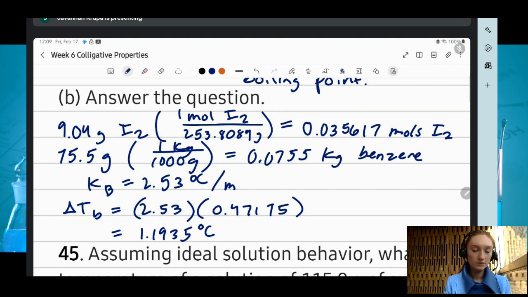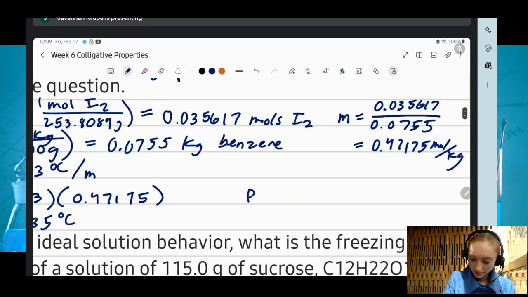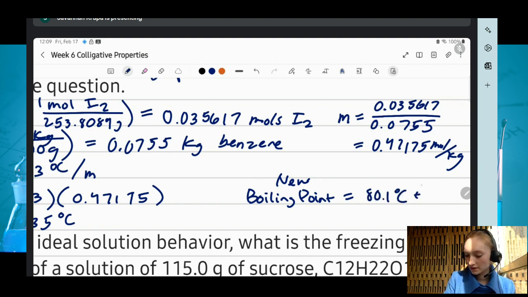So now all we have to do is just add that to whatever benzene usually boils at. So let's write that down. The new boiling point will be the original, which is 80.1 degrees Celsius, and you'll also be given that too.